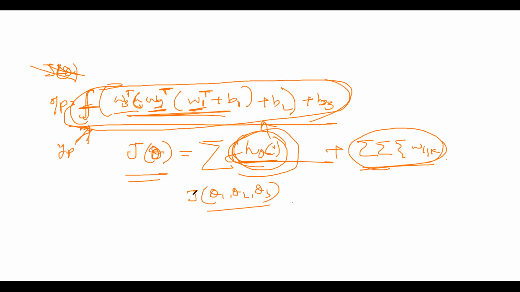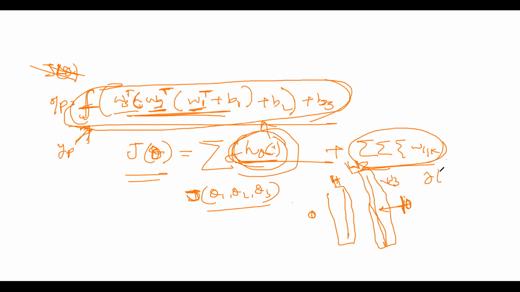So when I have this, now I want to minimize. Let me say this is my hidden layer 1, this is my hidden layer 2, this is my output, and this is my input. H1, H2. Okay. Once I found this, in this particular step, I have W3. I will optimize J theta 1, theta 2, theta 3 with J theta 3, right?